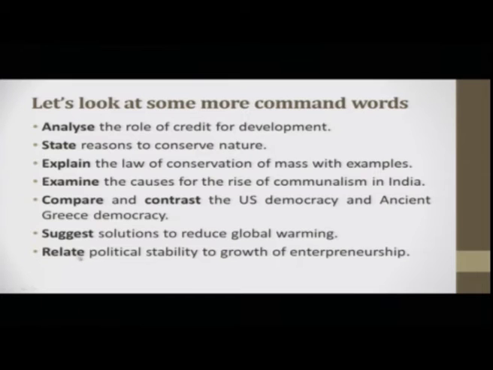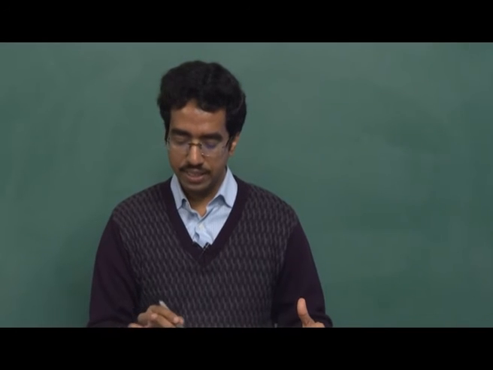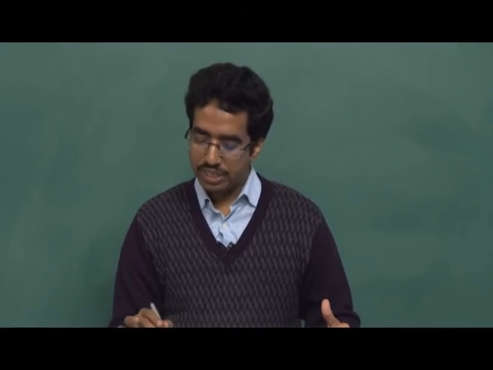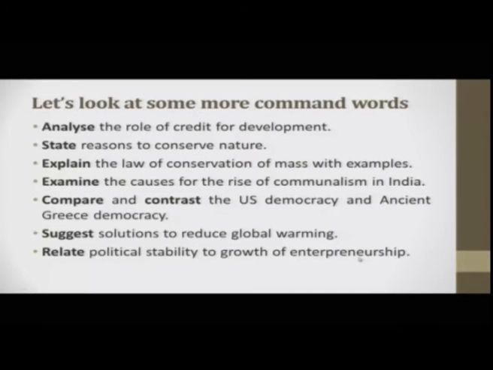The last one, relate. When you see relate, it clearly means you have to show that two things mentioned here, political stability and growth of entrepreneurship, are related, they are connected.